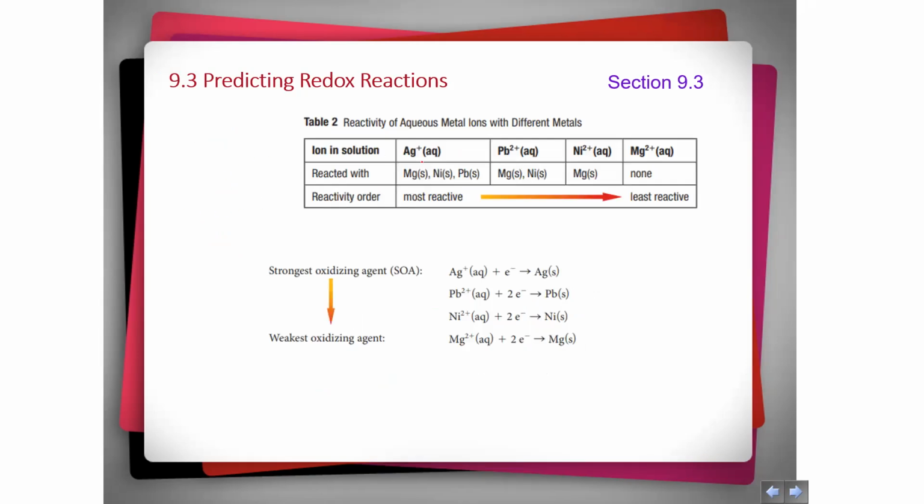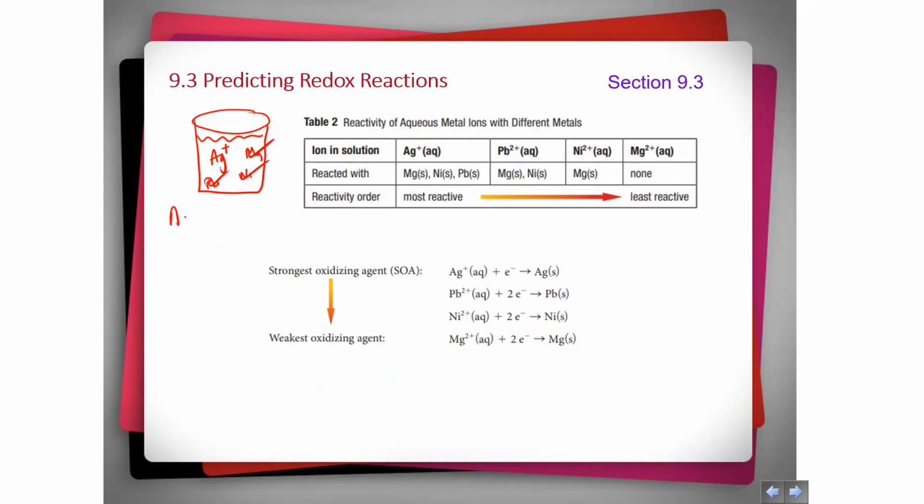We can do the same thing, but in reverse. This time I can take a solution and record it the opposite way. I've got a solution with silver ions in it. I'm going to put some magnesium metal in it and see if it reacts, which it does. I'm going to put some solid nickel in it, which it does, and I'm going to put some solid lead in it.